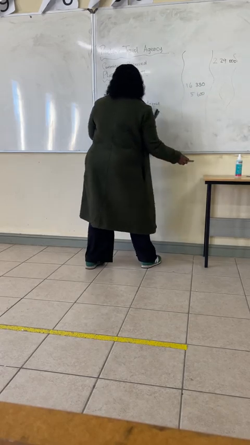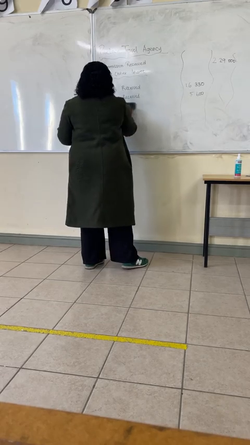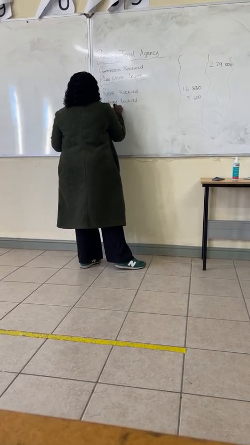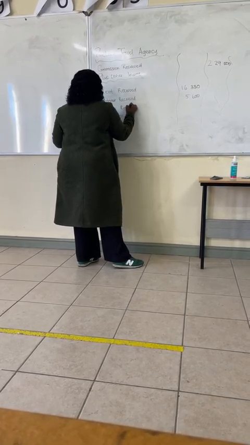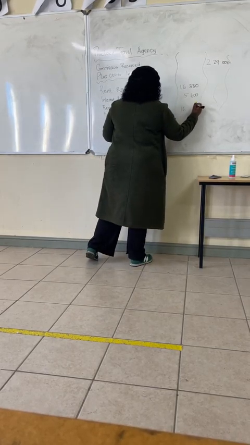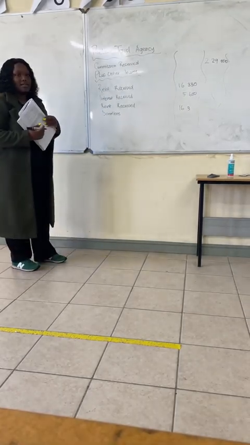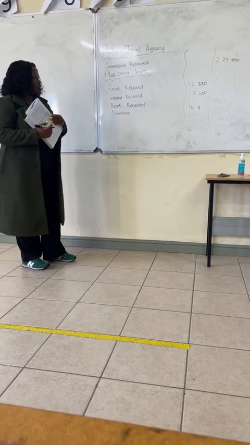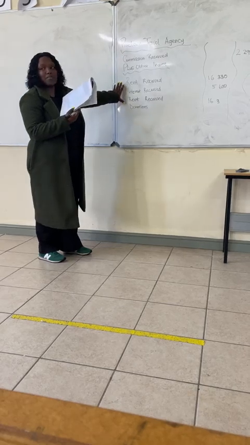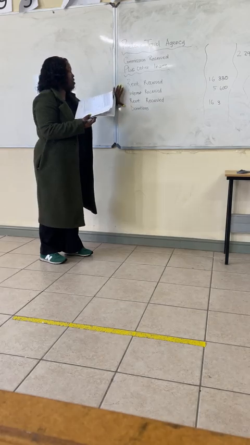Okay. Then we also have rent received. How much is rent received? 16,000. Remember, I already had the ones that we were doing on the previous exercise, so I didn't change that.